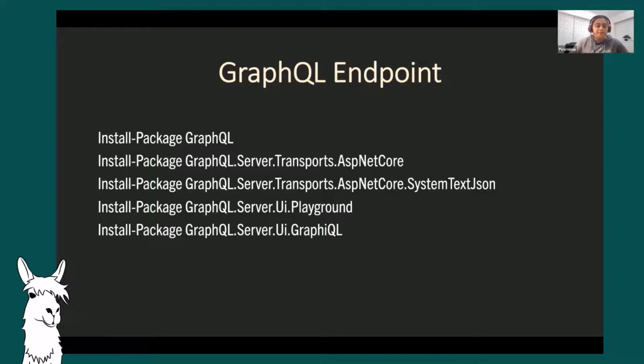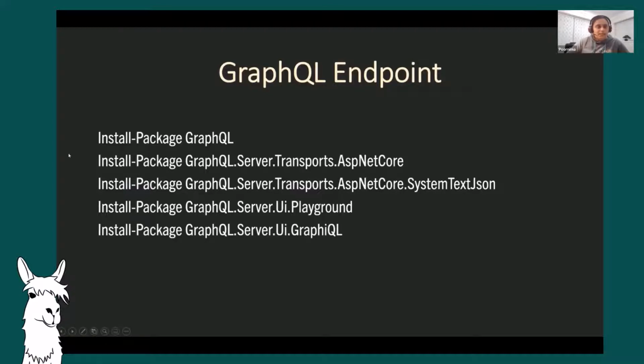There's a lot of JSON serialization and deserialization happening, so we need a package for that. I'm using System.Text.Json, but there's also a Newtonsoft package corresponding to that. And I've also installed 2 playgrounds just to demo it a bit.